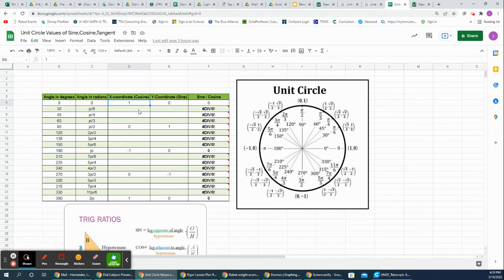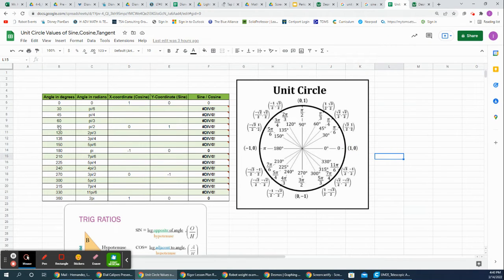It's 1. And that is the same as the x-coordinate, okay? And then reminder, the y coordinate at this angle, again, either in degrees or in radians, is the sine value. So what's the sine of 0? 0, right here. It shows you right here. It's 0. Okay?